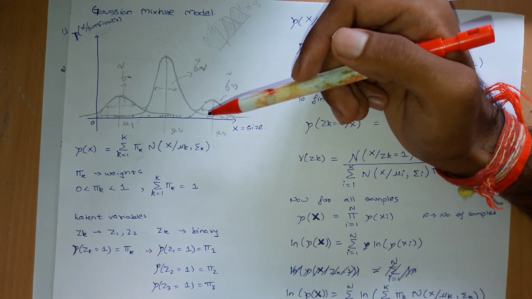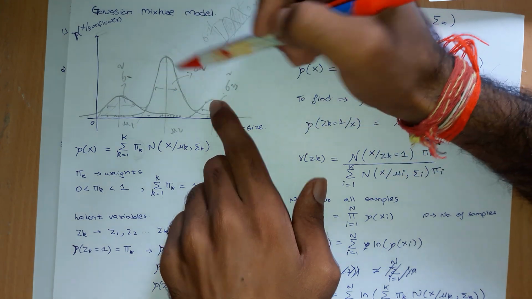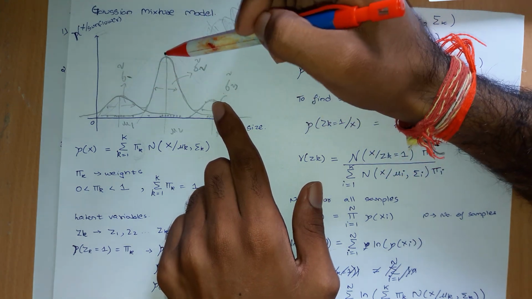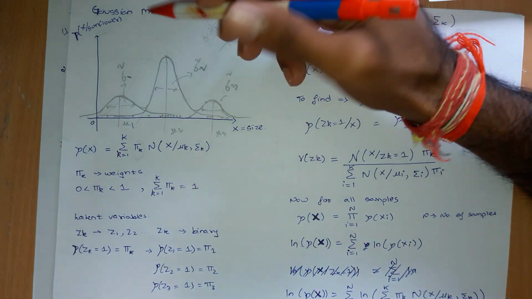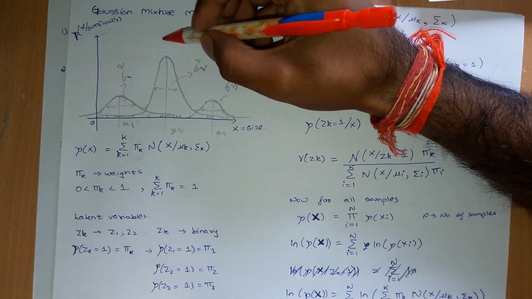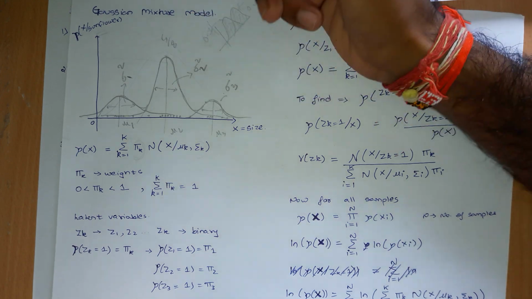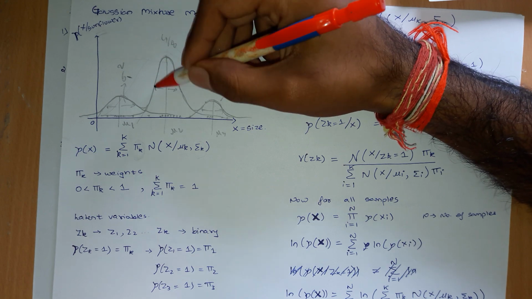It is 1 by 3. But because this one is a little high here, it is more probable that it will fall there. So there will be some other value, say 5 by 8, something like that. So 5 by 8 could be the probability for this.